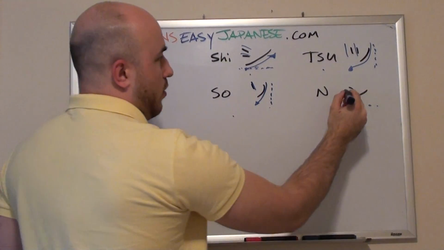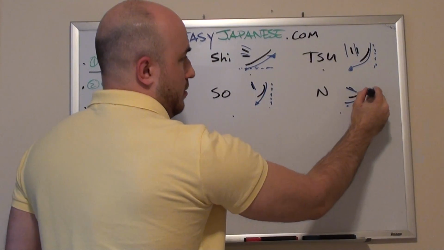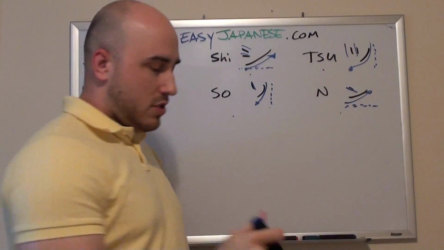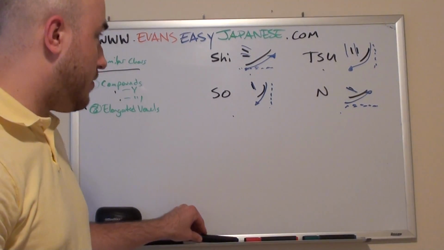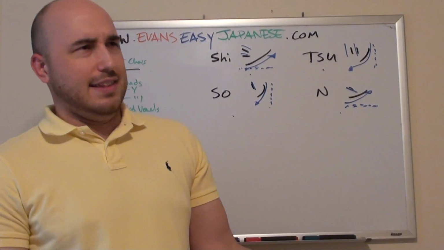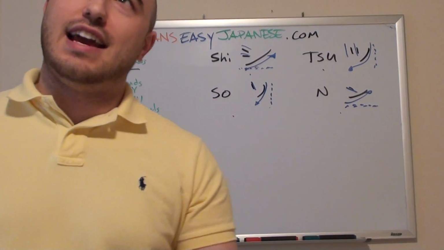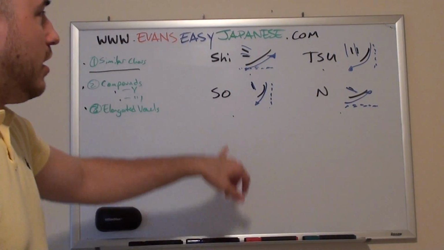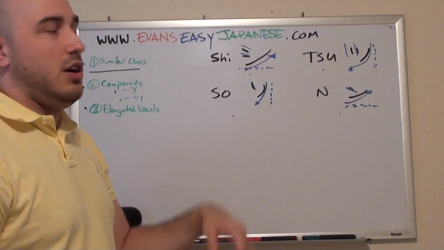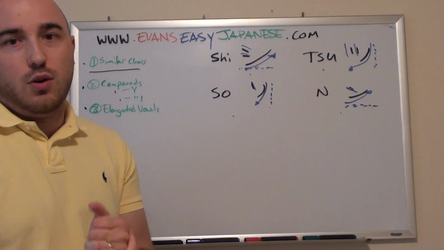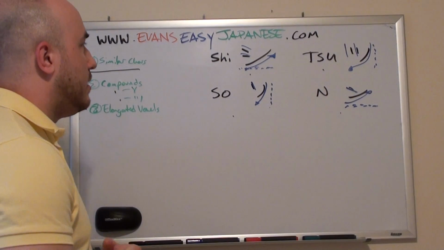And n is very horizontal. So just by telling immediately about the horizontality and the verticality of your characters, that will give away which character you're writing and if you are or are not writing them incorrectly.